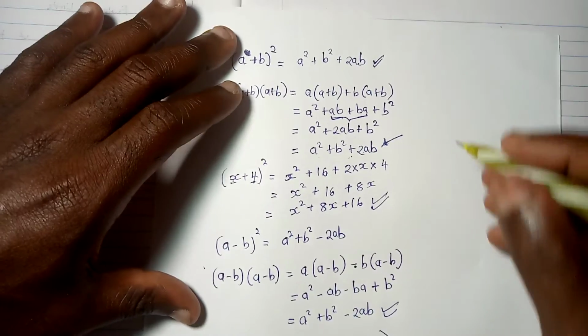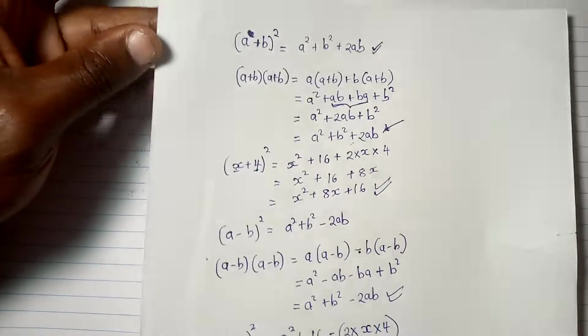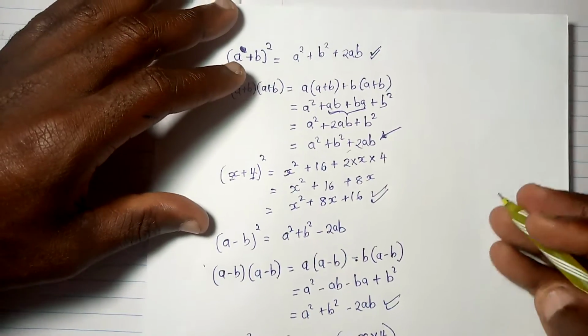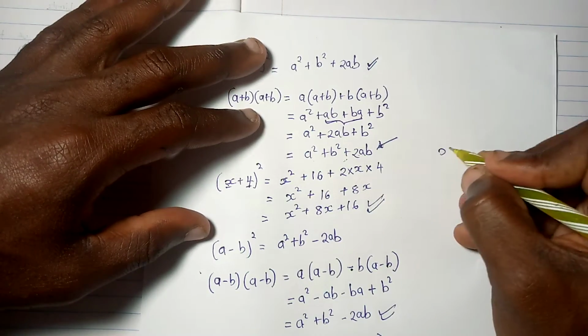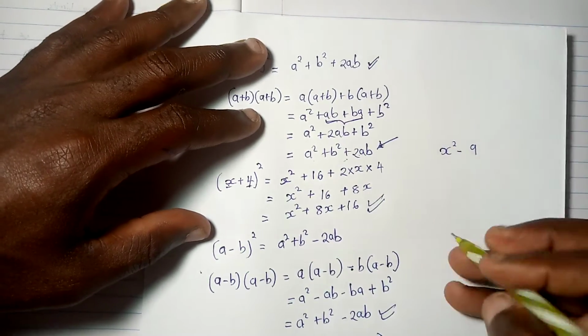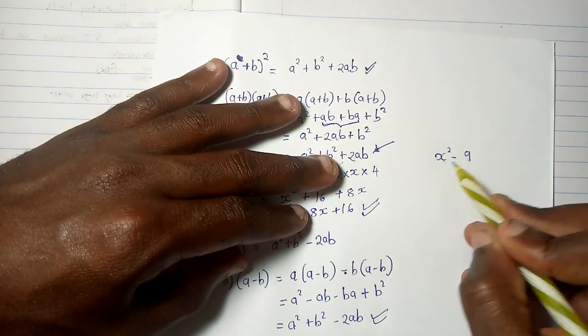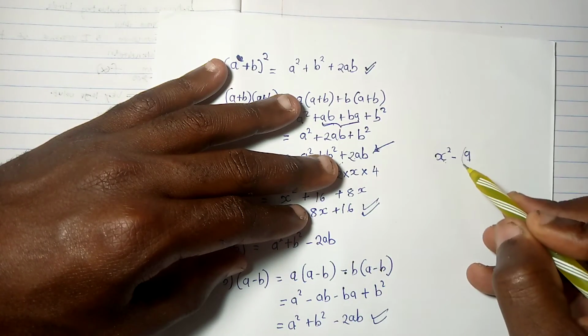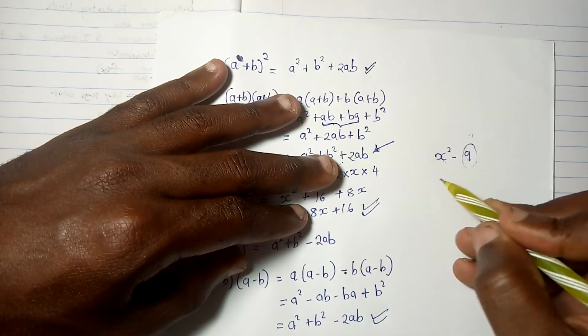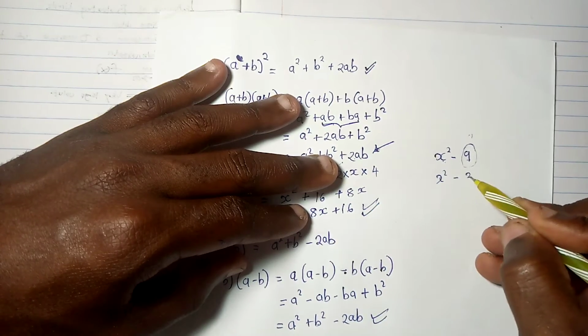Another thing that I would like us to note is that if you are given something like x squared minus 9, by just looking at it, you are going to know that this is a difference of two squares, because this one can be written as x squared minus 3 squared.